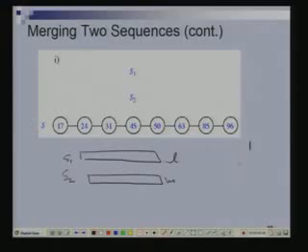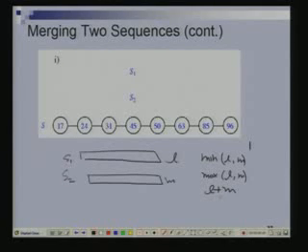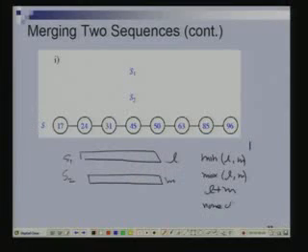And let's see. Minimum of L comma M, max of L comma M, L plus M, or None of the above.